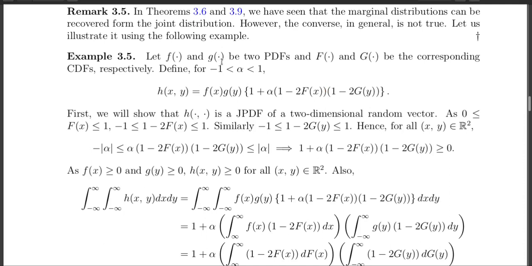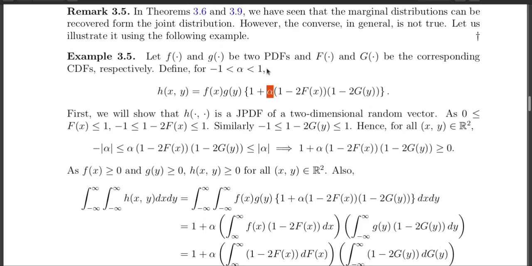Now you see that this joint depends on alpha. Alpha can take any value between -1 and +1, and for each such value I have a different joint density function. But the marginals do not depend on alpha. What does this mean?